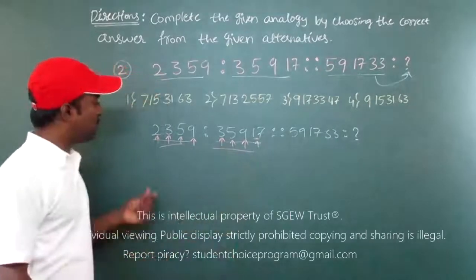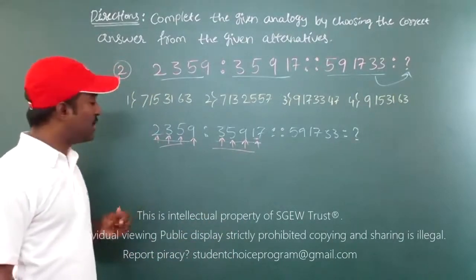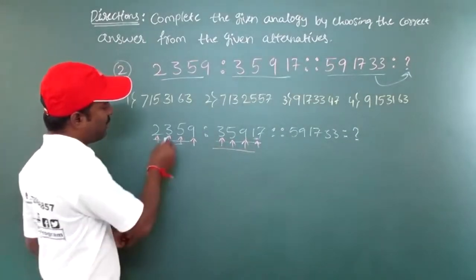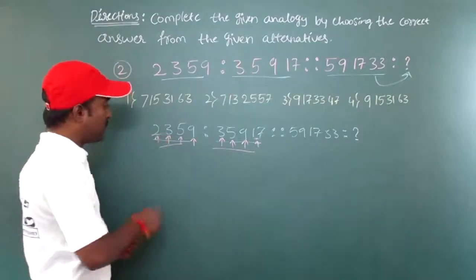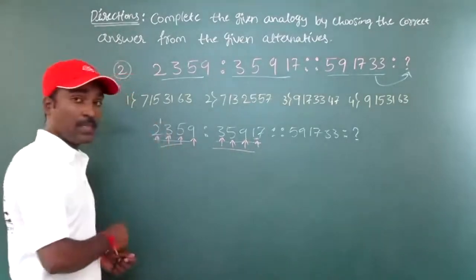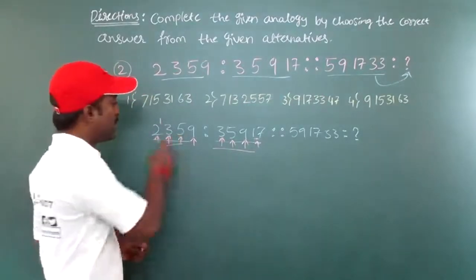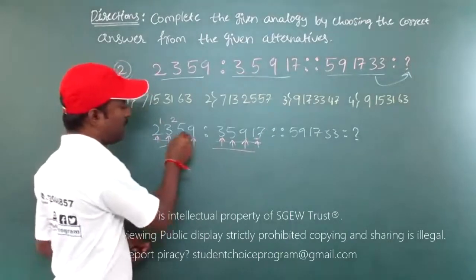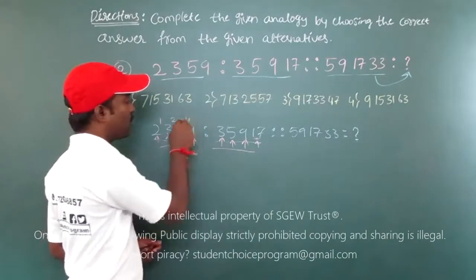So first I will take the difference between the neighboring digits. The difference between 3 and 2 is 1. Next, the difference between 5 and 3 is 2. And further, the difference between 9 and 5 is 4.